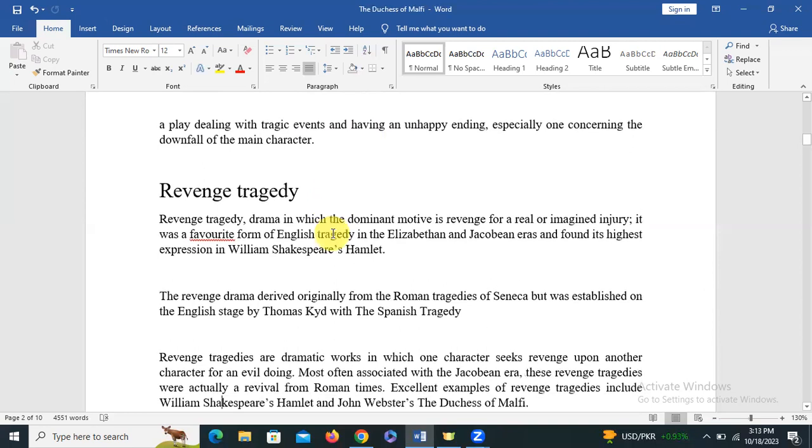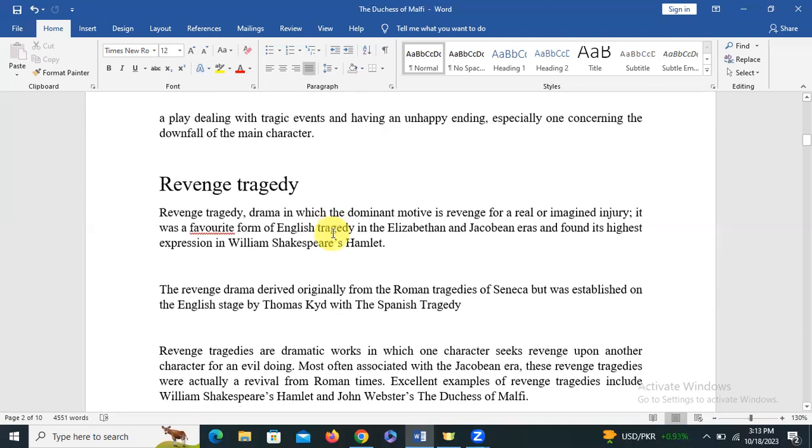So here we are calling The Duchess of Malfi a revenge tragedy. Why is it a revenge tragedy? Because, as we saw and will still see when discussing the Duchess, she had been told by her brothers that she does not have to marry, but she married against her brothers' wishes.